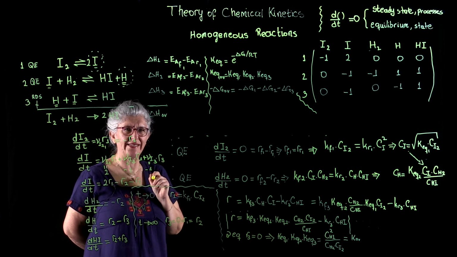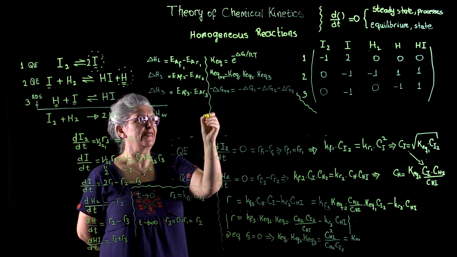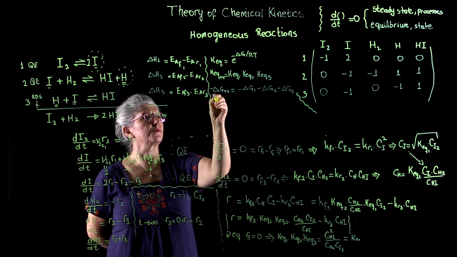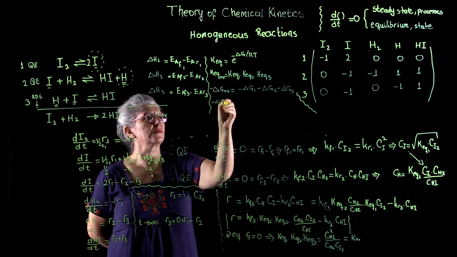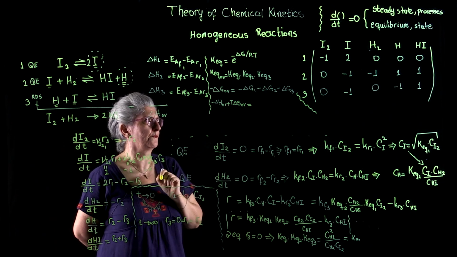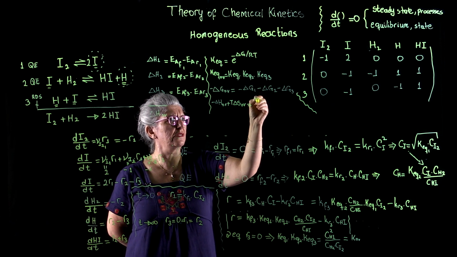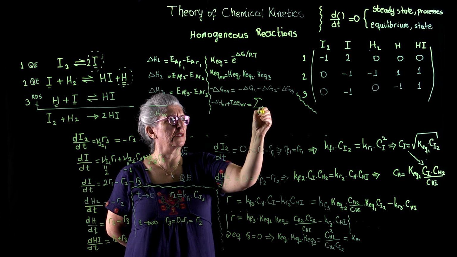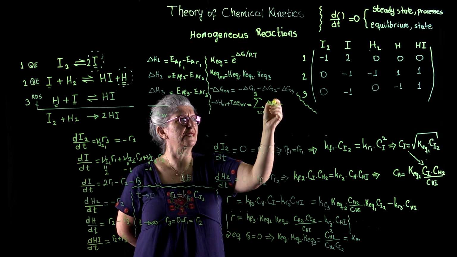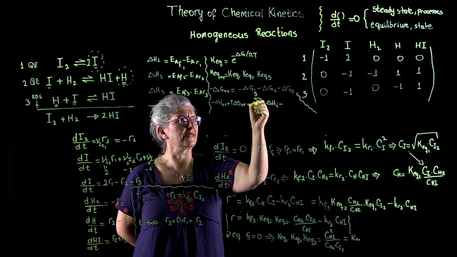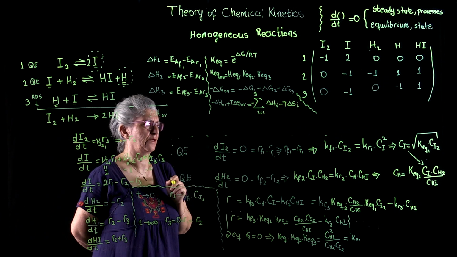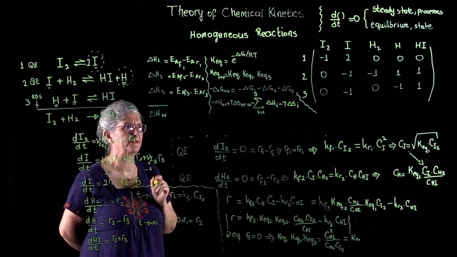Delta G is equal to delta H minus T delta S. So let's substitute that. Minus delta H overall plus T delta S overall is equal to the summation from 1 to 3 of delta H i minus T delta S i. Let's do that for the sake of space.